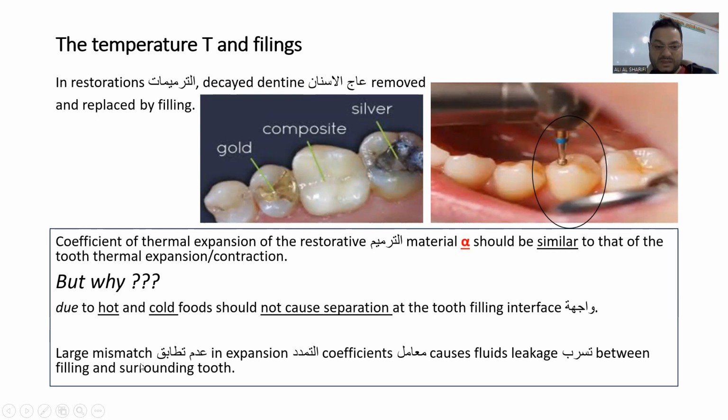Large mismatch in expansion coefficients causes fluid leakage between the filling and the surrounding tooth. By that, your filling will fail.